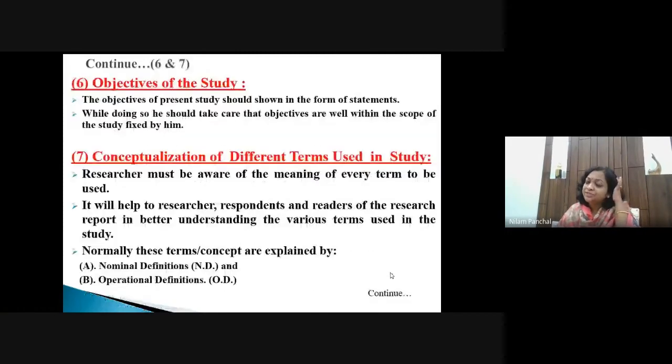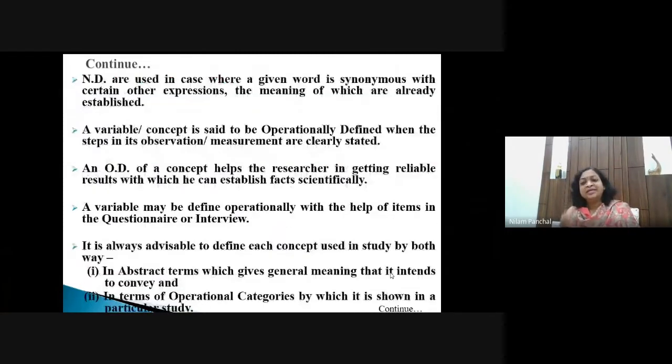So the nominal definitions are used in cases where a given word is synonymous with certain other expressions, the meaning of which is already established. Say, for example, a variable or a concept is said to be operationally defined when the steps in its observation and measurement are clearly stated.